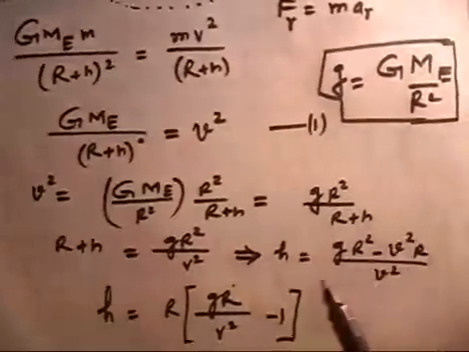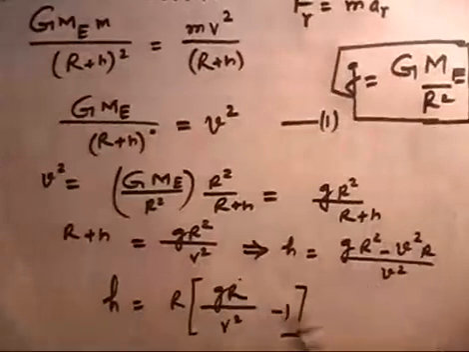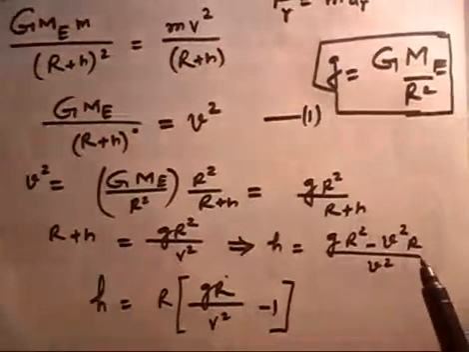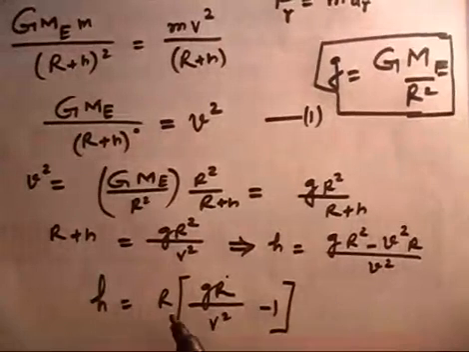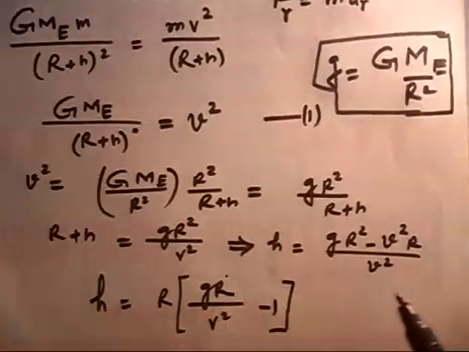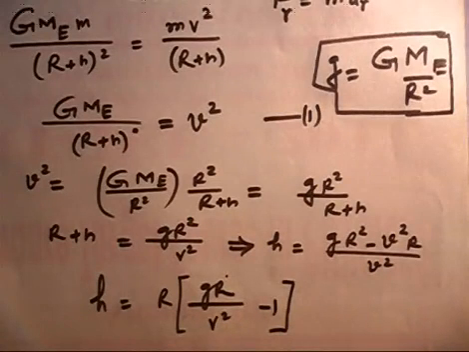You can write h as g r squared by v squared minus r. If you take r common, this becomes r times (g r by v squared minus 1). This is the height at which the satellite is moving with velocity v. So if I know the velocity, I can find the height. If I define my velocity, I know at what height my satellite should be launched.